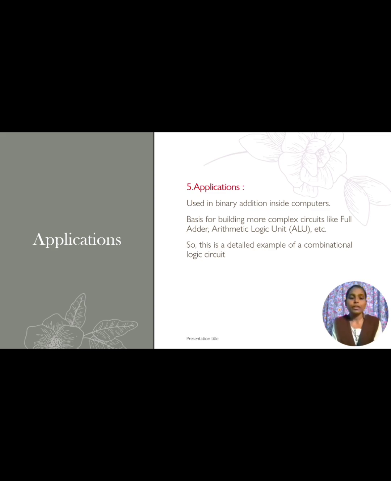Now we can discuss a brief explanation of combinational logic circuits. Combinational logic circuits are digital circuits where the output depends only on the present input values, not on any past history, like no memory.